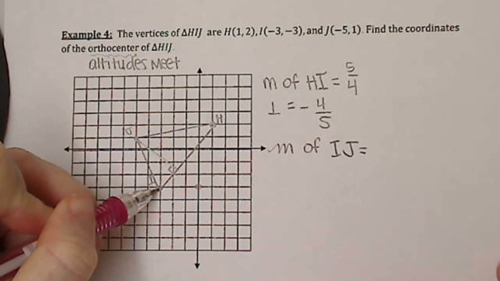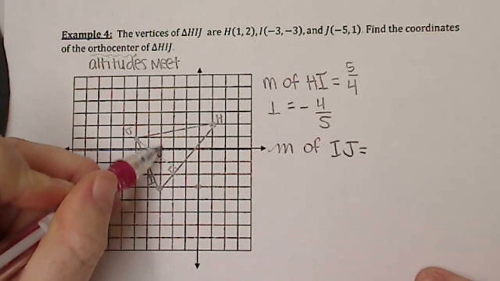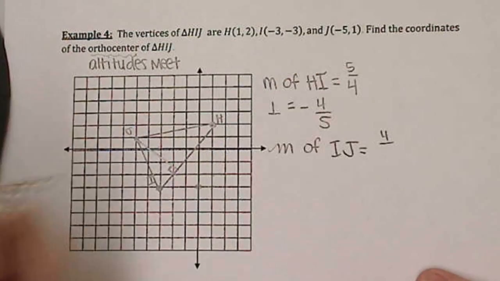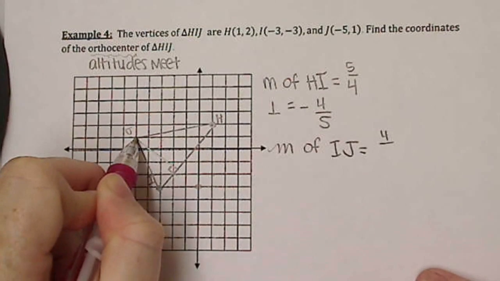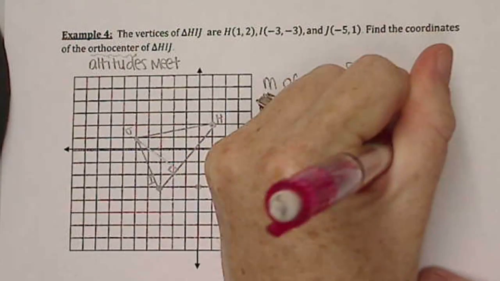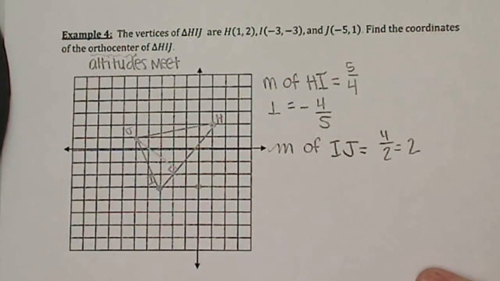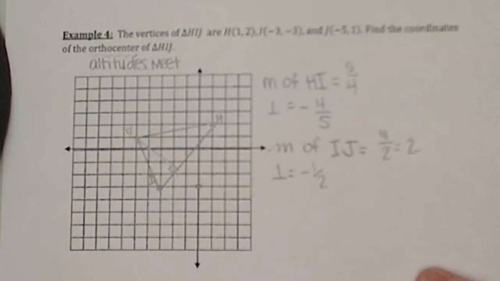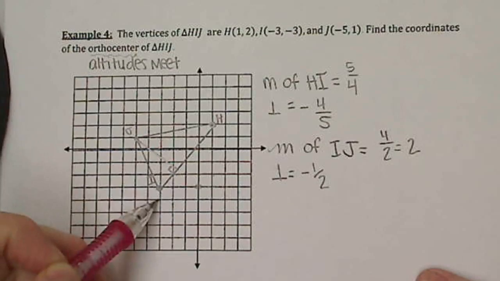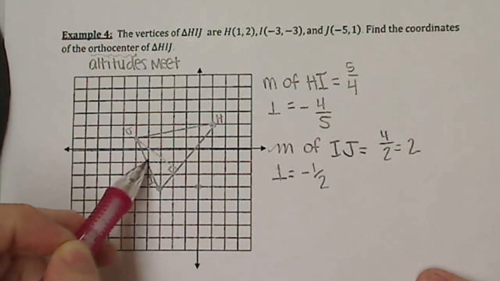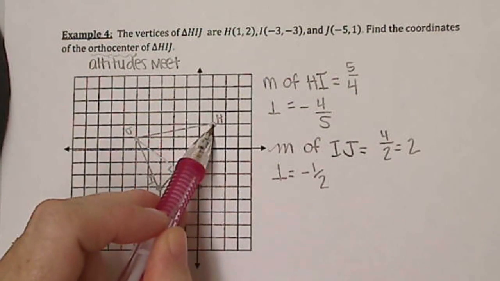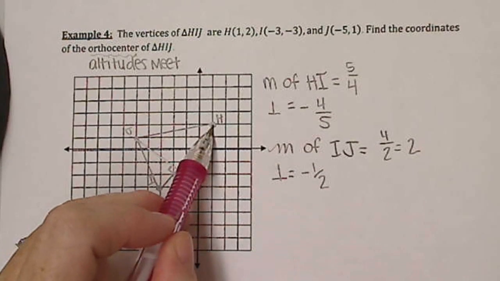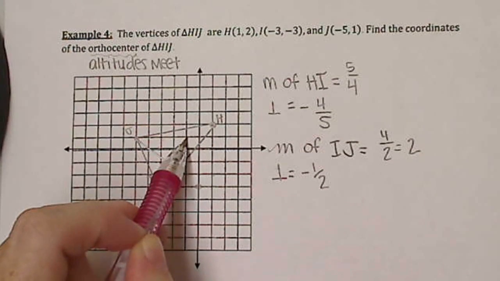Okay, let's find the slope of IJ. Slope of IJ, rise over run, so 1, 2, 3, 4 over 1, 2. That simplifies to just 2. What would be the perpendicular slope? Remember, it's negative reciprocal, so -1/2. Since I'm finding IJ, I'm going to come across the street over here to H. I'm going to use H as my guideline. -1, 2.